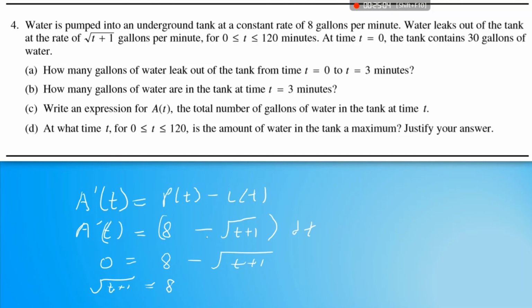Square both sides. t plus 1 is 64. Therefore, t is 63. Okay, at 63 seconds, we have a critical point. But I do need to test and see whether that critical point is actually a maximum.